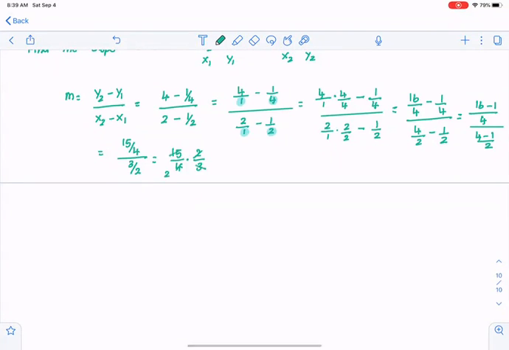The 3 and 5 will get cancelled. So we have 5 over 2. So the slope is 5 over 2, and it is positive, which would imply that the slope is increasing.